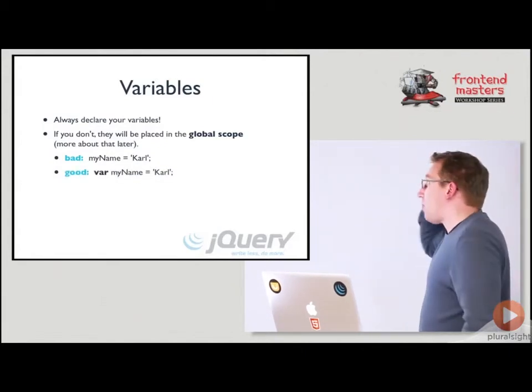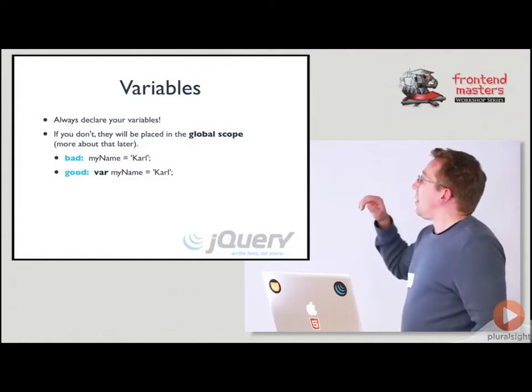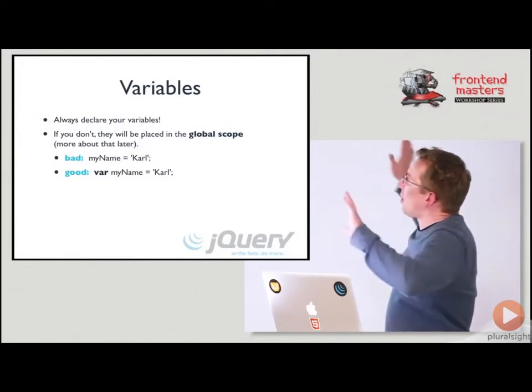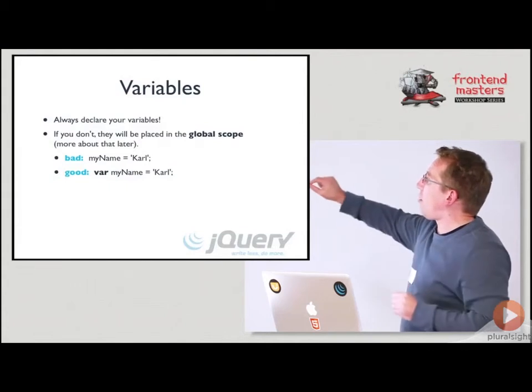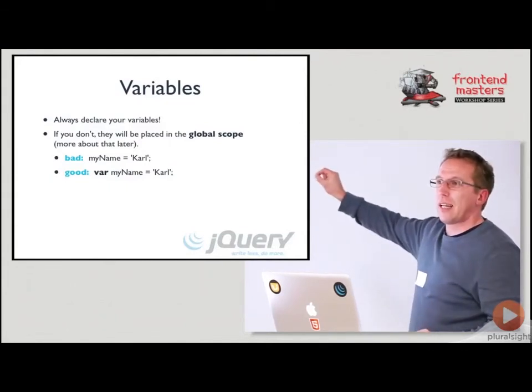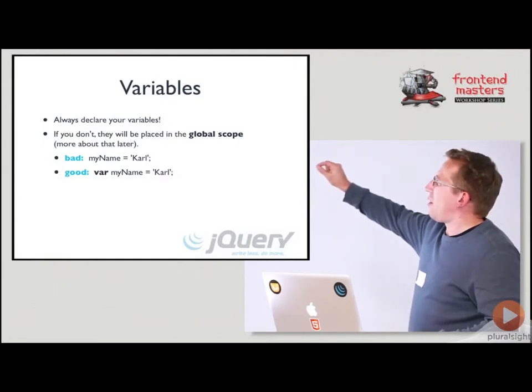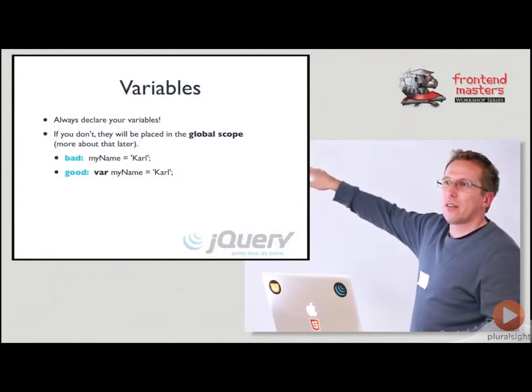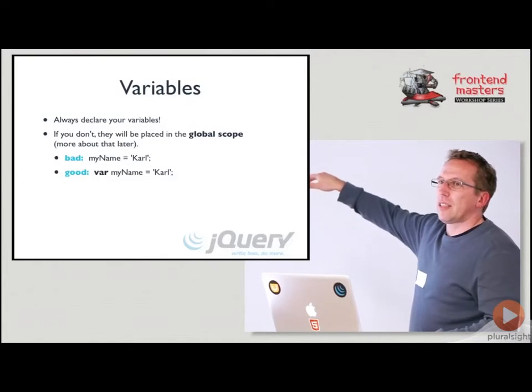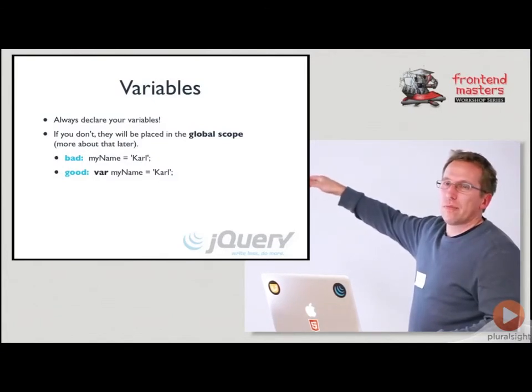Now, if we took away everything else on this slide, and we just had var myName equals Carl, and that was the extent of our JavaScript file, that wouldn't really be much better than having myName equals Carl, because it would still be in the global scope.